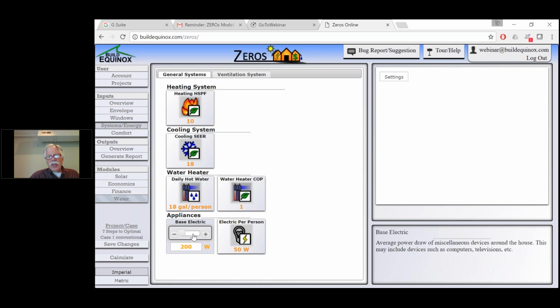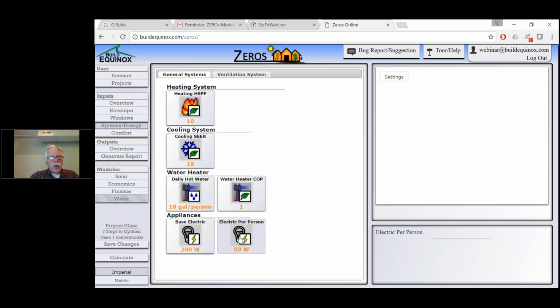As far as the energy usage in a house, 200 watts as a base, the energy that a house would use just from things going on that aren't so person dependent, and then add maybe another 50 watts per person, but again, you can change these. And for this conventional house, these are purposely kept as low values.